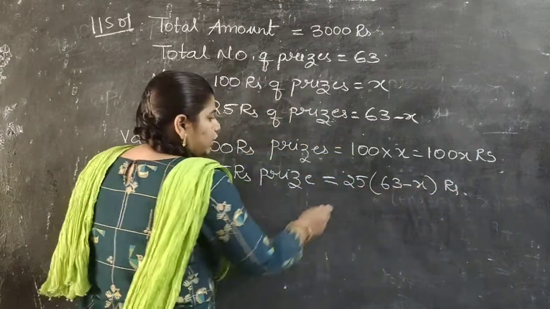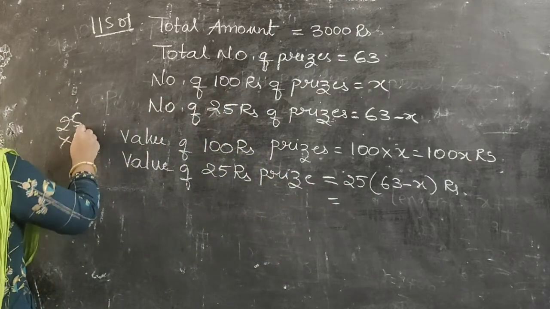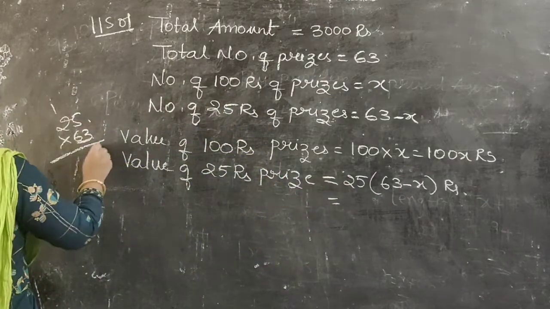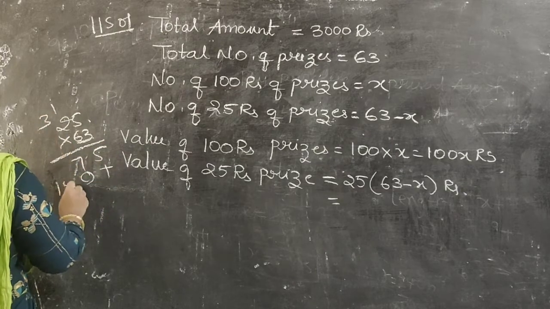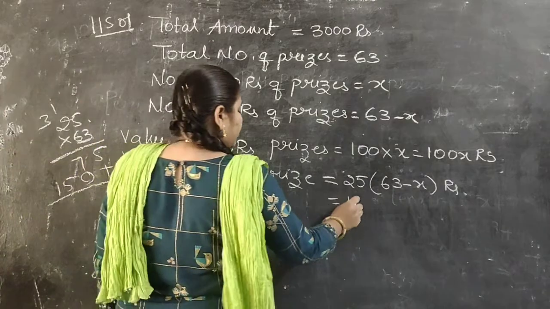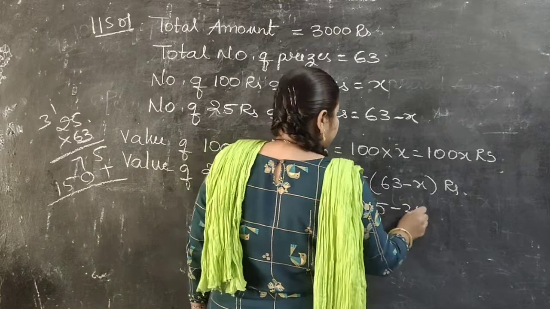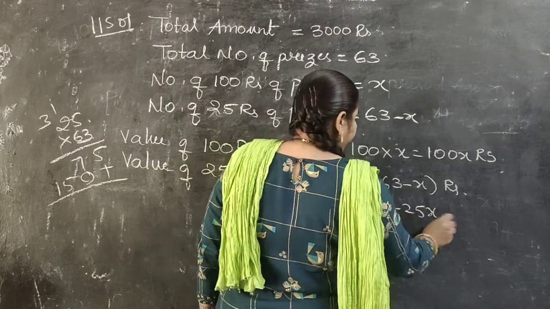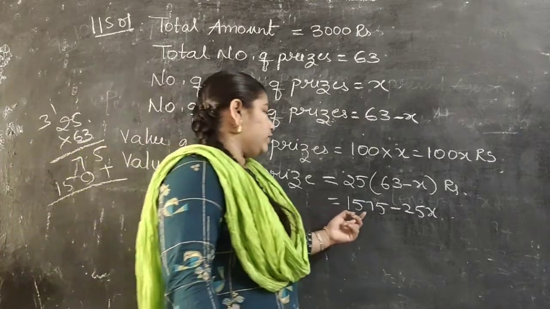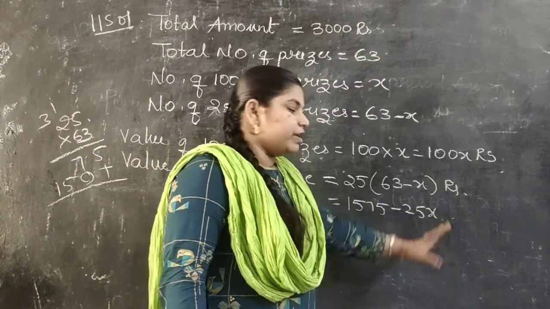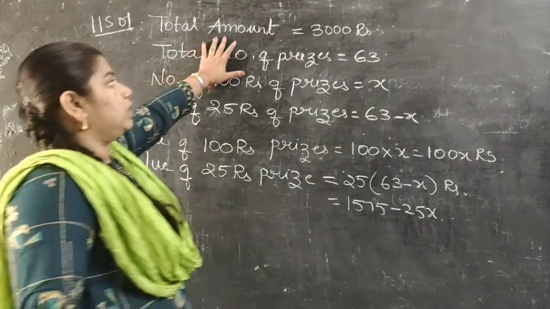Just multiply this value first. 25 into 63 is 1575, minus 25 into x is 25x. So the value of 25 rupee prizes here is 1575 minus 25x.